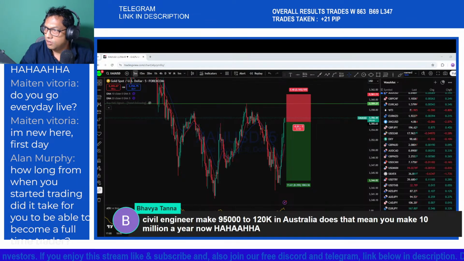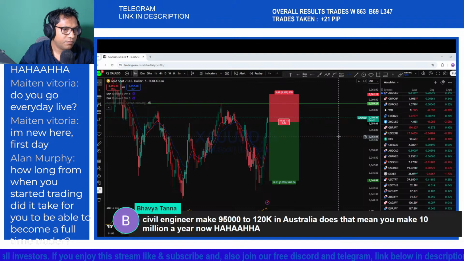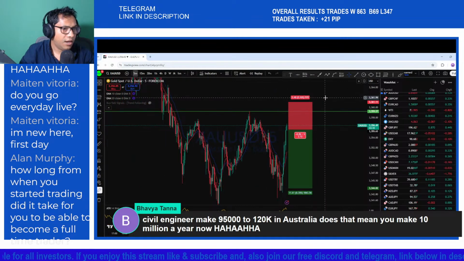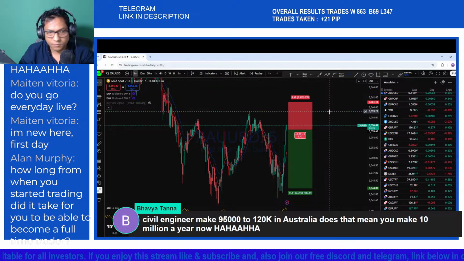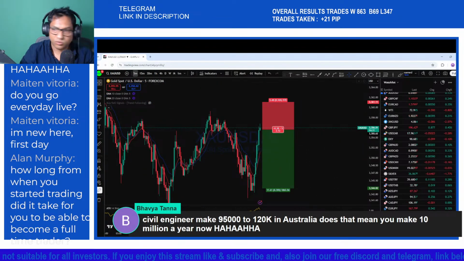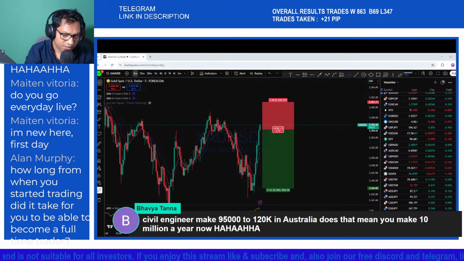Open a sell on XAUUSD from this level for a possible break below. It's a big move back to the upside, expecting a rejection here.